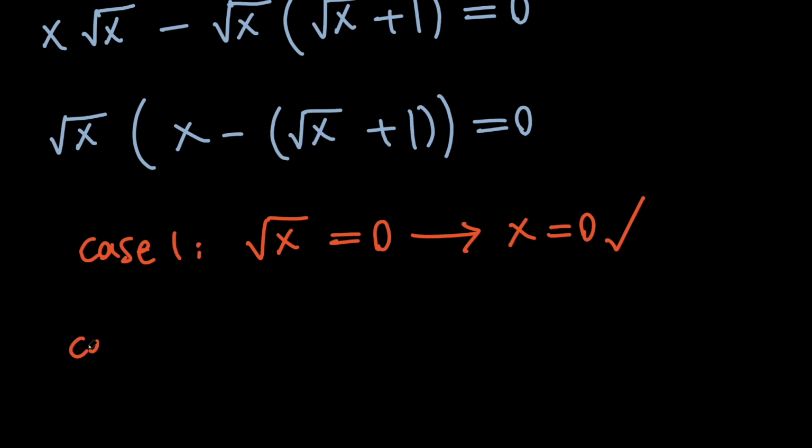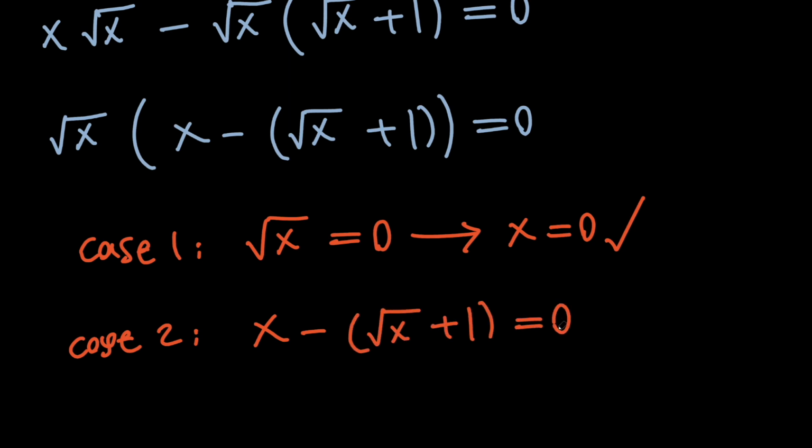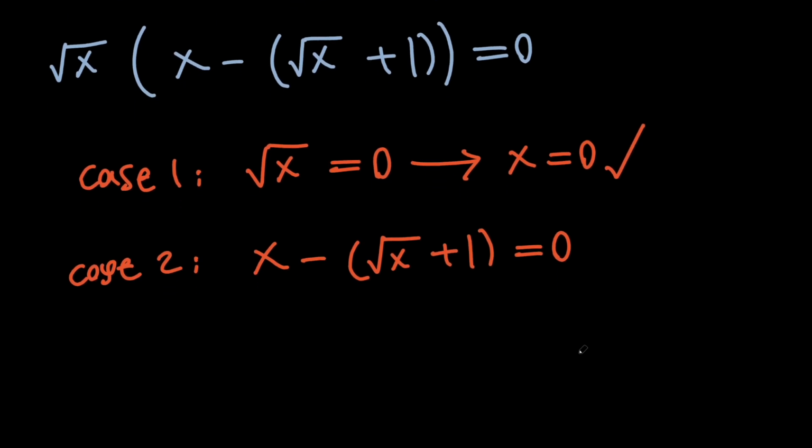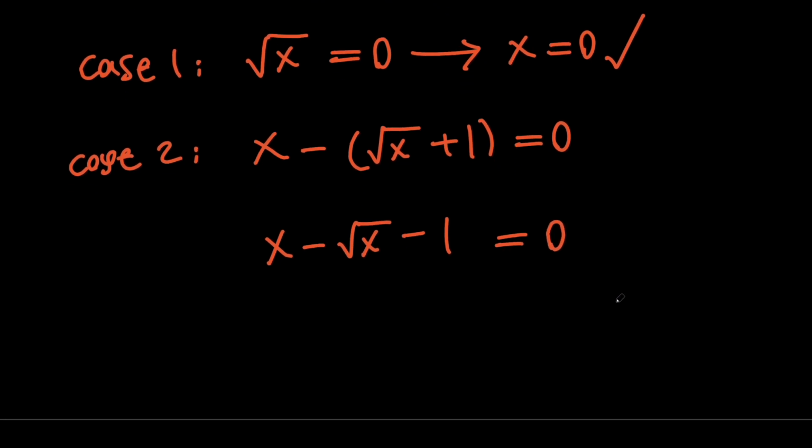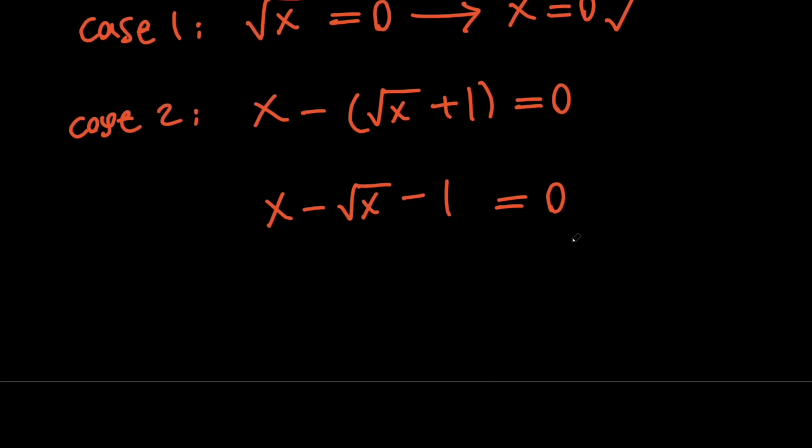And in the second case, we're going to have x minus the quantity root x plus 1 equals 0. So the left-hand side is x minus root x minus 1. So I'm going to go ahead and move the square root to the right-hand side to isolate it. So I'm going to have x minus 1 equals the square root of x.